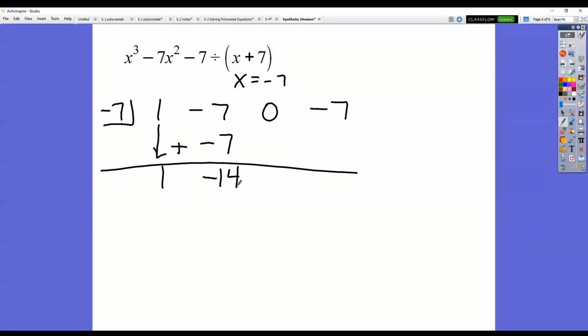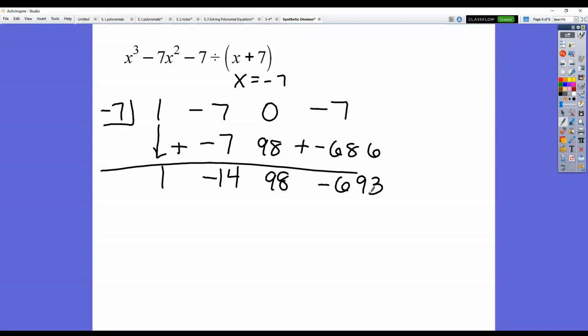I forget what that is. Okay, 98. Whew. I think I just made this one up. This must have been one of my made up problems.